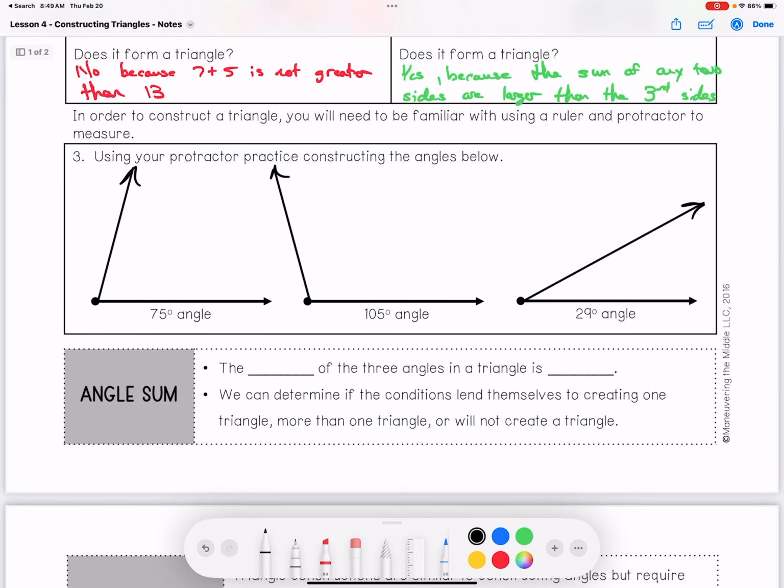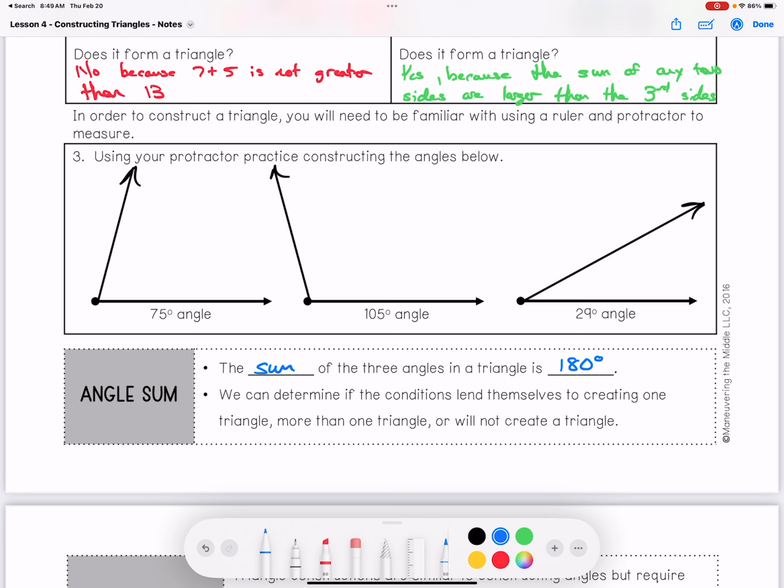Let's talk about angle sum. The sum of the three angles in a triangle, y'all know that, is always 180. We can determine if the conditions lend themselves to creating one triangle, more than one triangle, or it will not create a triangle. So we're going to figure out if it creates one triangle, more than one, or none.